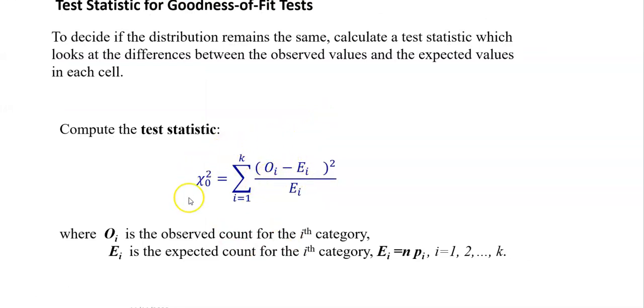So if we get a small chi-square test statistic, less than the mean, it means that the observed values do not deviate too much from the expected values. So it is fair to say the data support the claim in the null hypothesis. In other words, the categorical variable follows the distribution given in the null hypothesis, right?